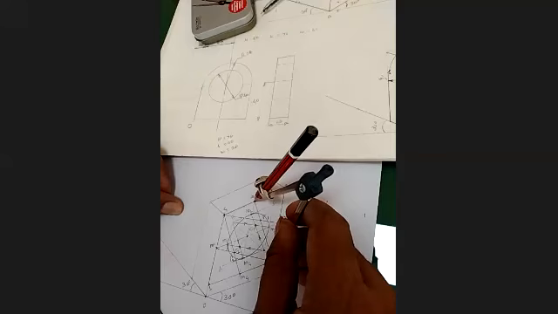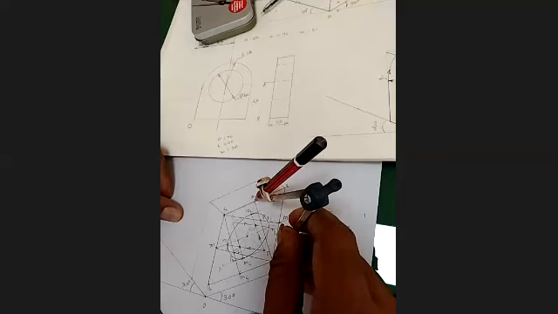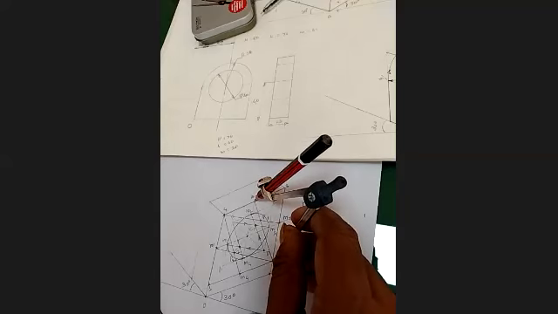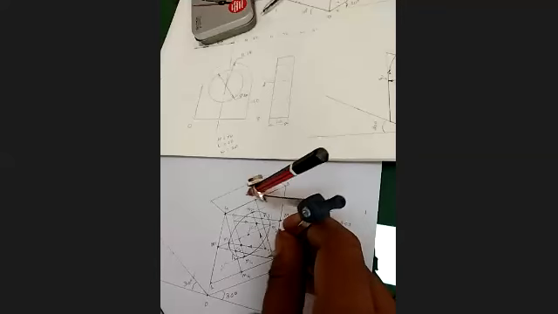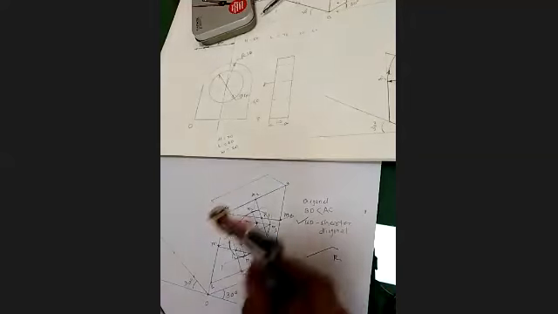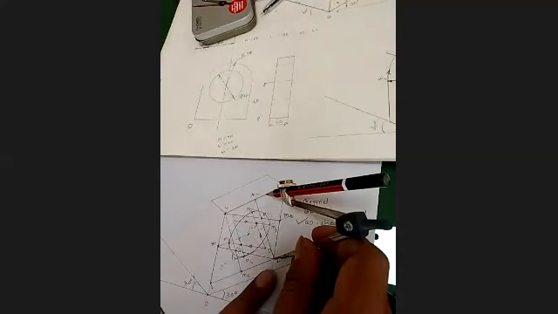Are you with me? Are you ready? Yes, sir. Then keep the metal end of your rounder at 2.